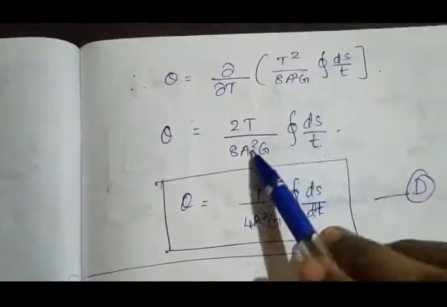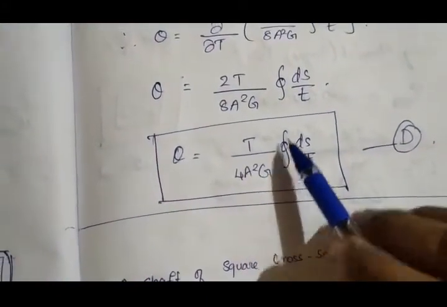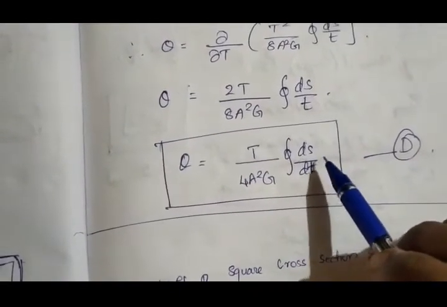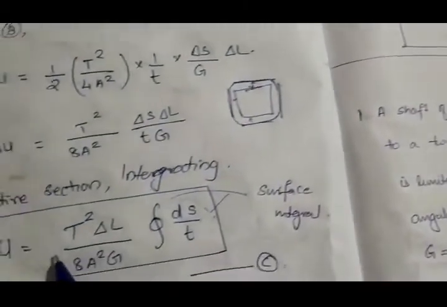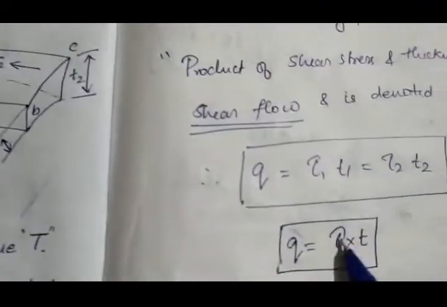So theta is dou by dou T of this equation, integrating with respect to T. So 2T over 8 becomes T over 4, and theta is equal to T by 4A squared G times the integral of ds by t.